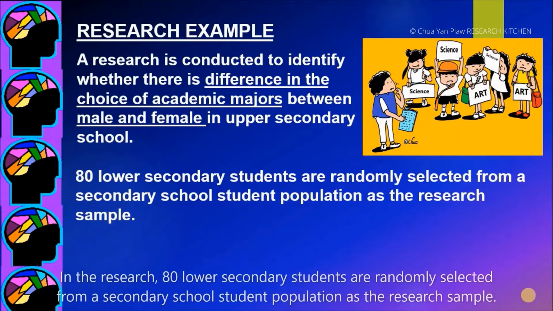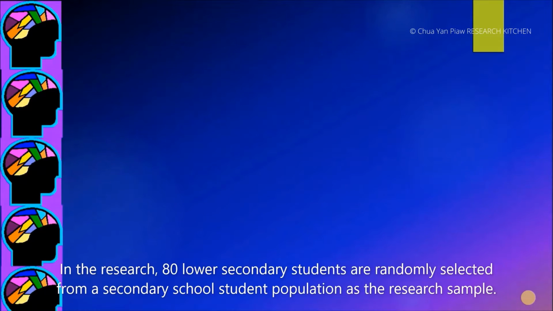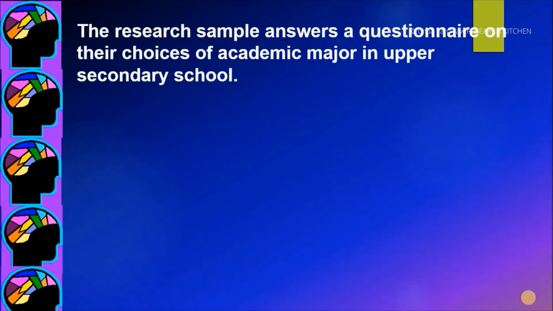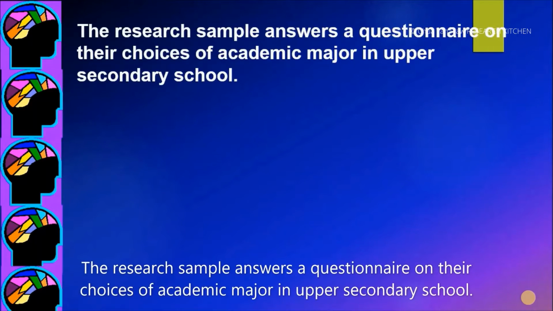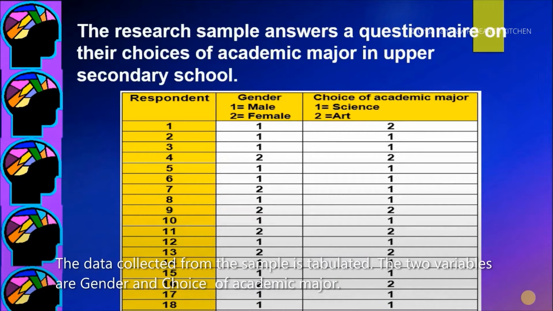In the research, 80 lower secondary students are randomly selected from a secondary school student population as the research sample. The research sample answers a questionnaire on their choice of academic major in upper secondary school. The data collected from the sample is tabulated.